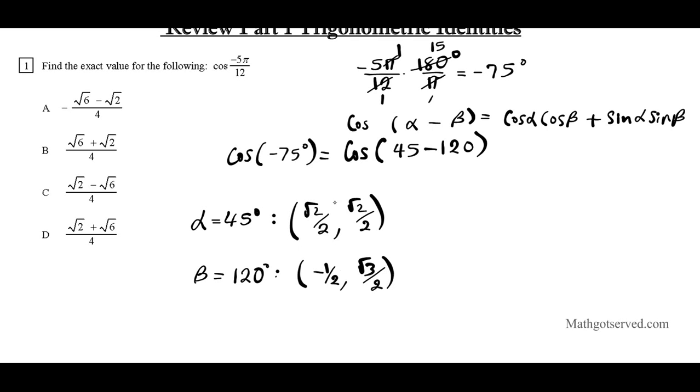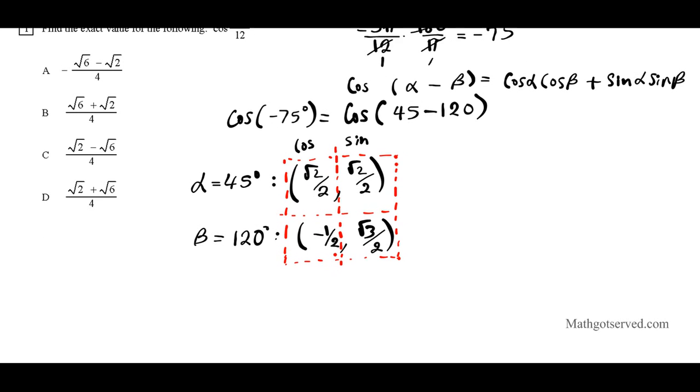Okay? Now the x coordinates are cosine and the y coordinates are sine. Okay? So we can make ourselves a little chart right here to help us delineate the respective values for each coordinate. Okay? All right, now we have all the information we need to find out what the cosine and sine of the two trig angles are.